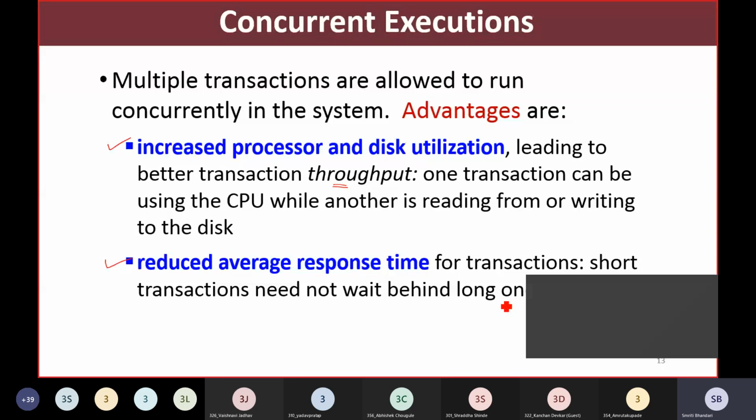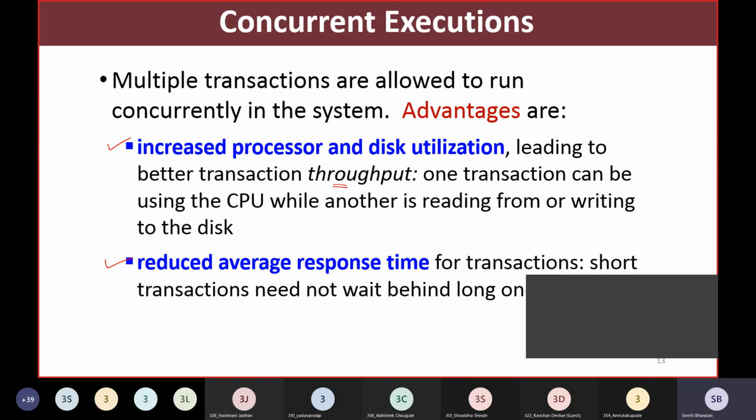As it is now possible that a transaction need not wait for some longer transactions, obviously there is a reduction in average response time. That means the average time between a transaction being submitted to the system and its completion gets reduced.